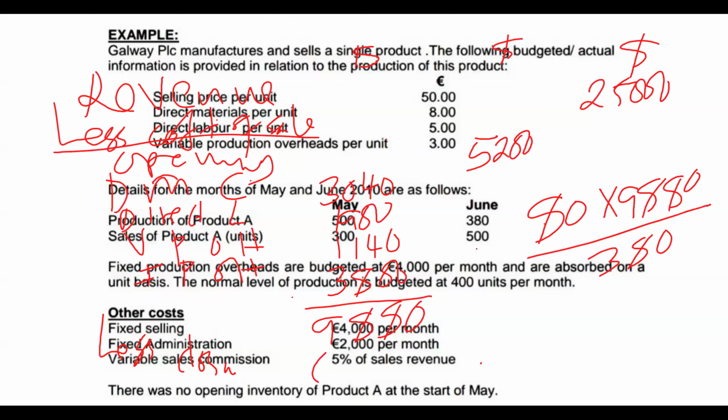When you do your computation, what do you find as the closing inventory in June? 2080. Like this. Hope everyone is finding the same.